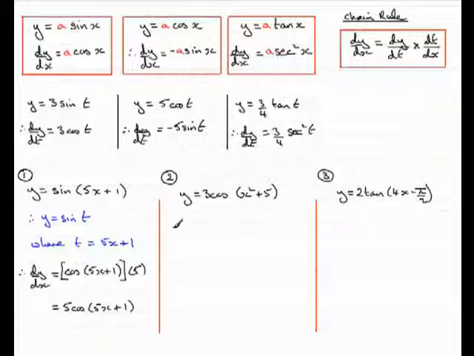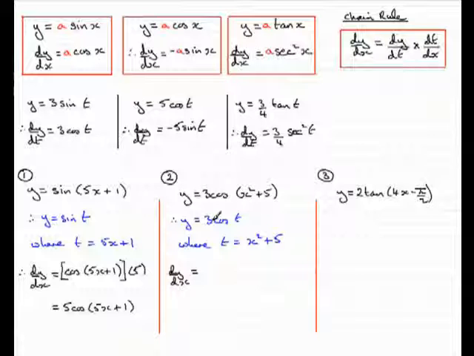We basically think of this as y equals 3 cosine t, where in this example t is the x squared plus 5. So when it comes to finding dy by dx, we can work out dy by dt first of all and times it by dt by dx by the chain rule.